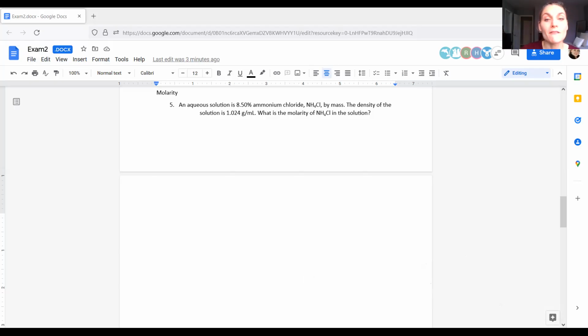Again, sometimes we're going to get the volume percent where they give us the milliliters over the milliliters. And again, same thing, we can assume that if we had 8.5% volume percent, it would mean that we had 8.5 milliliters over 100 milliliters of our solution. So we can utilize that in this piece here.